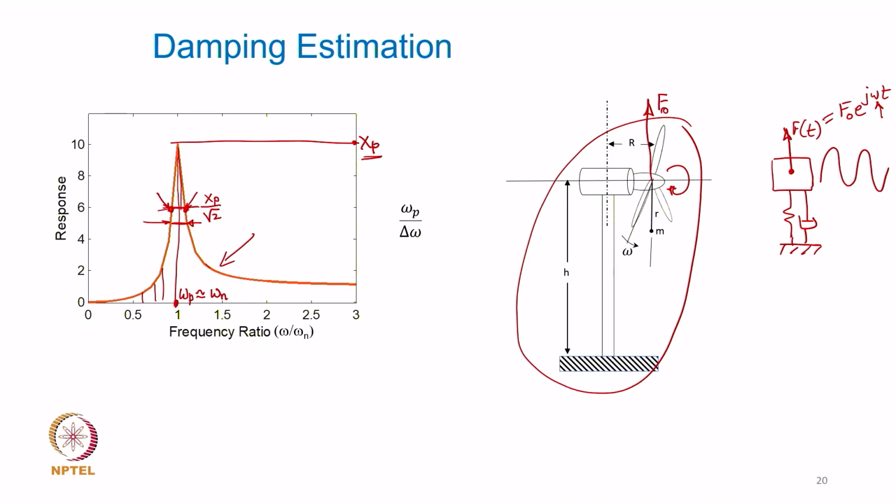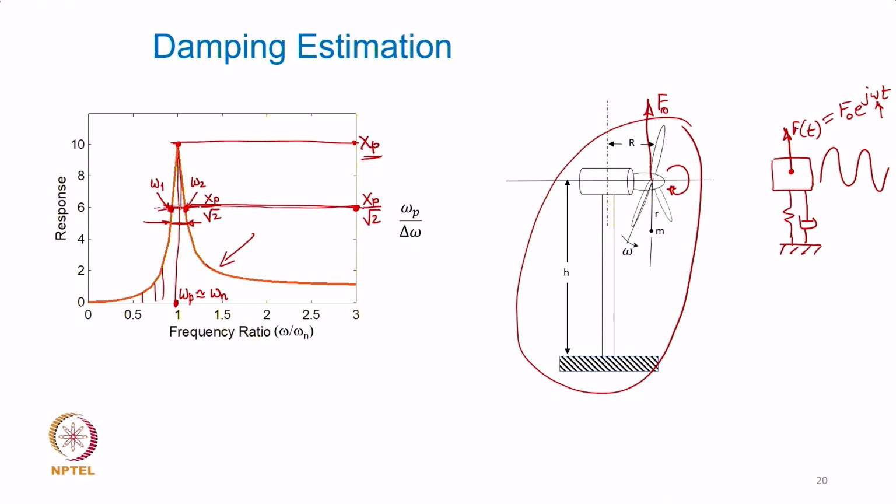What basically I mean is, if I get the peak amplitude observed or measured, I can locate a point of response which is 1 over square root of 2 times the peak amplitude of vibratory response, and the frequencies omega 1 and omega 2, where this response curve intersects this horizontal line drawn at xp over square root of 2.